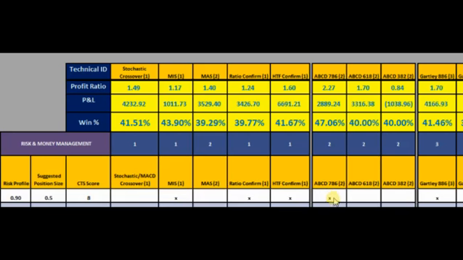The ABCD harmonic completions also have about a 47.06% chance of winning, with a very profitable profit and loss gain for the year for a total of $2,889.24 with a 2.27 profit to loss ratio.